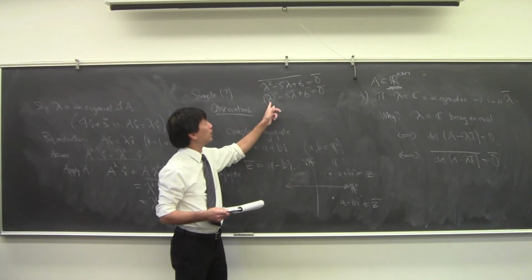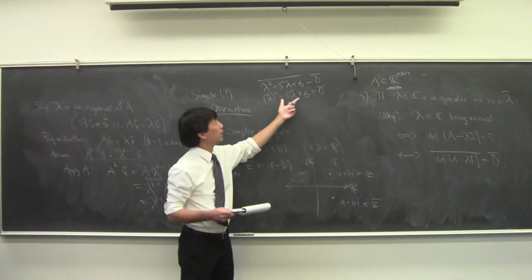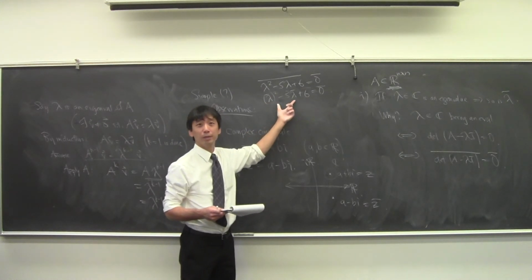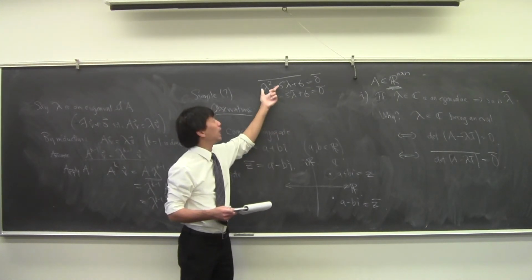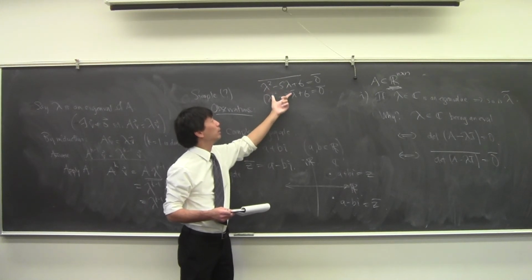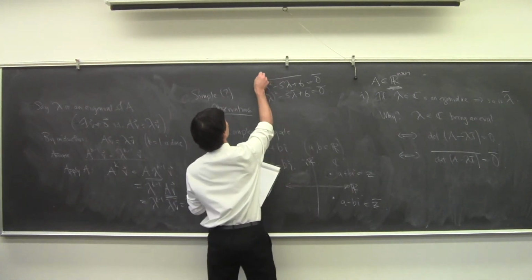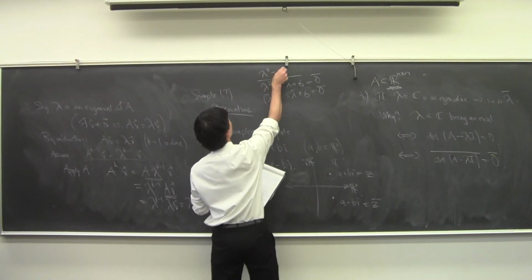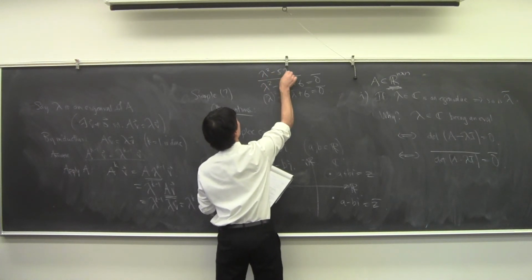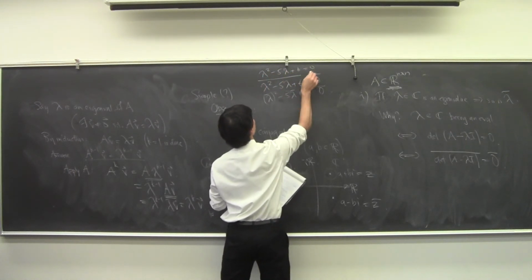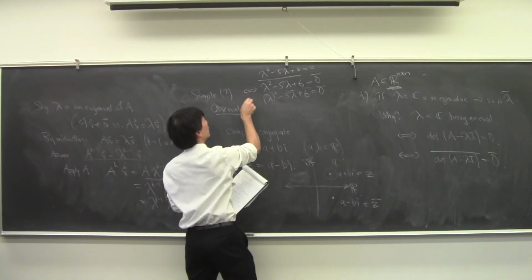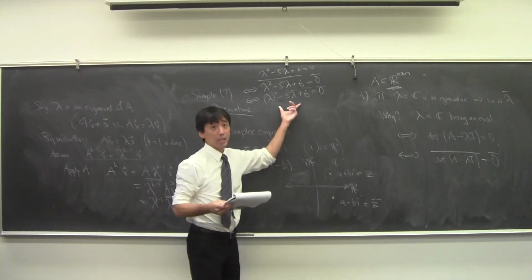This tells me that lambda bar satisfies the original polynomial. If lambda satisfies this original equation, then lambda bar is going to satisfy the equation also.